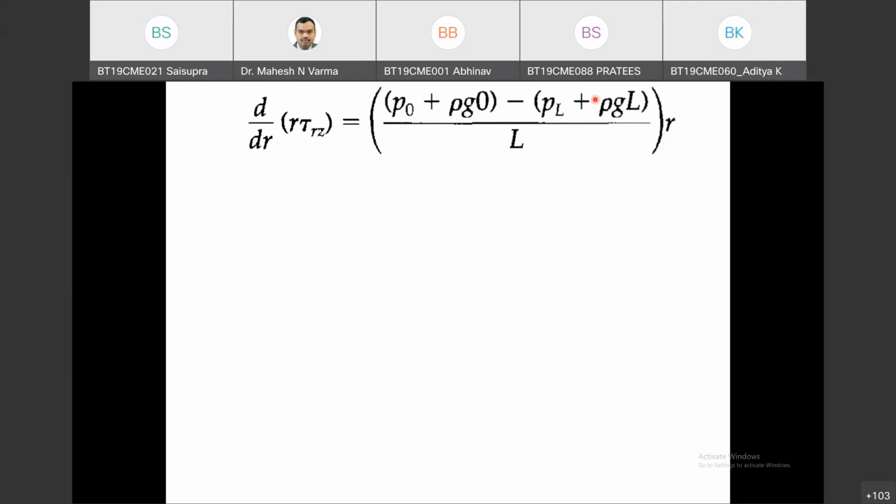Anybody got this equation after rearrangement? You can write in chat box, yes or no. Okay.